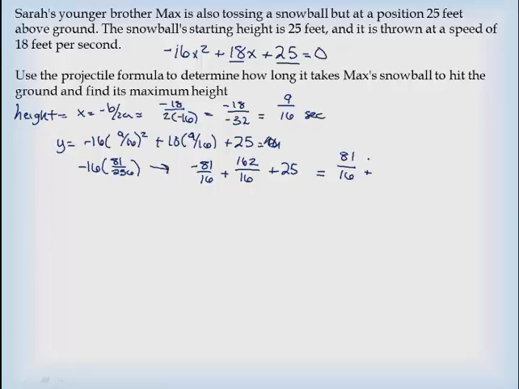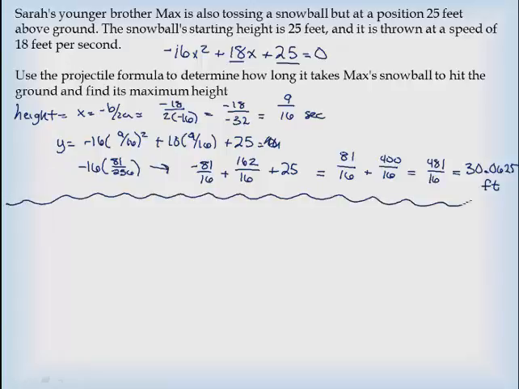So I want to turn 25 into 16ths, so I'm going to multiply it by 16ths. So I'm going to have 481/16, which if I divide out is 30.0625 feet. That's the maximum height.